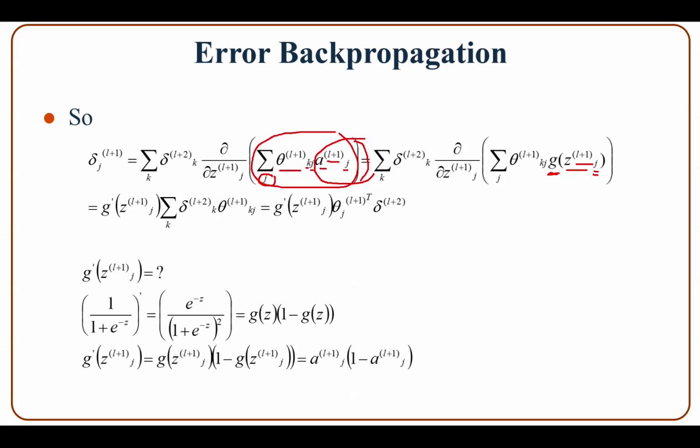So taking the derivative, what we have is g prime of z L plus 1 j times the sum, and in the sum what we have is delta at layer L plus 2 node k, and also theta L plus 1 k j, right, this term. And then we finally write the sum in the vector form, and what we have finally is this.